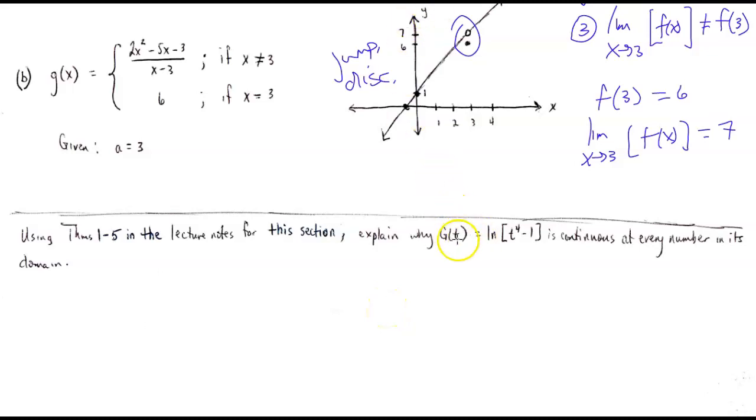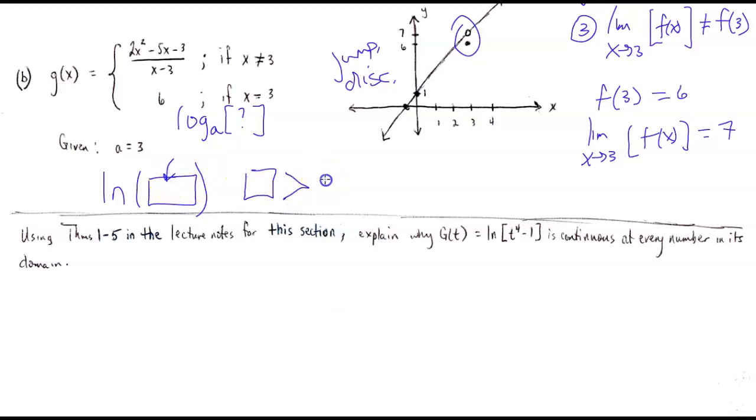To find the domain of our function g of t, we have to remember a few things. In general, if I have natural log of something, or log base a of whatever this something is, it always has to be greater than 0. We know that because of how a basic logarithmic graph looks, where we have a vertical asymptote at x equals 0.